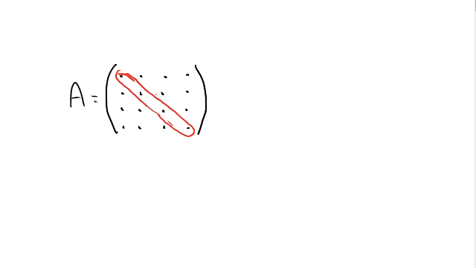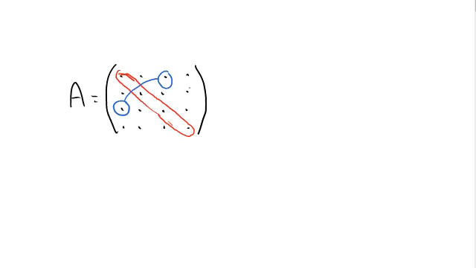And in particular, if you look at any off-diagonal element, such as this one here, then its mirror image, thinking about the diagonal as the mirror, this one, must be the same number. These two must be exactly the same number.